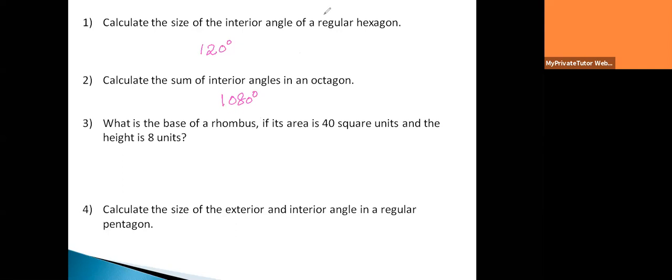What is the size of the exterior and interior angle? It's not about the sum, it's about the individual angle. Find the interior and exterior angle of a regular pentagon. A pentagon has 5 sides, guys.